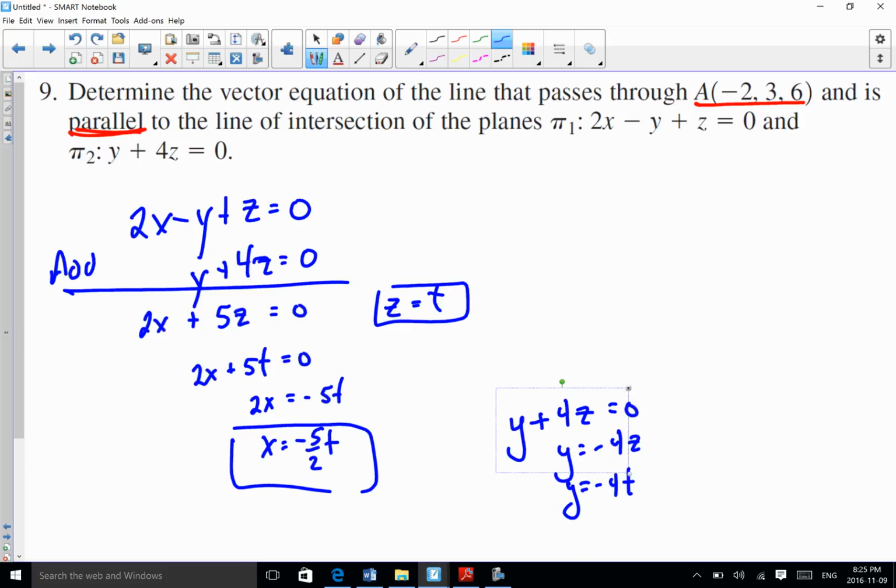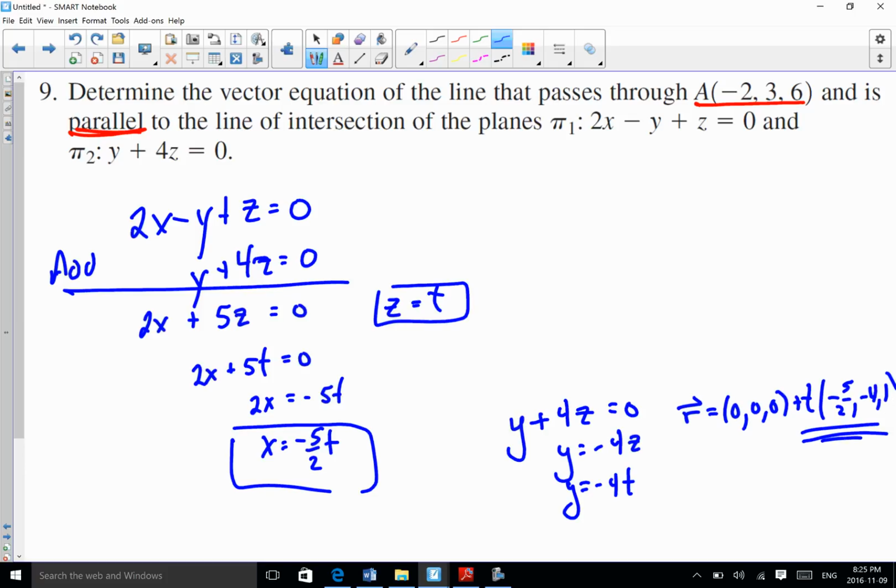So what is the direction that these two planes intersect? If I thought about their vector equation, it would be r equals, I have no x value, no y value, no z value, that's my point, plus t in the direction of negative 5 halves, negative 4, and 1.